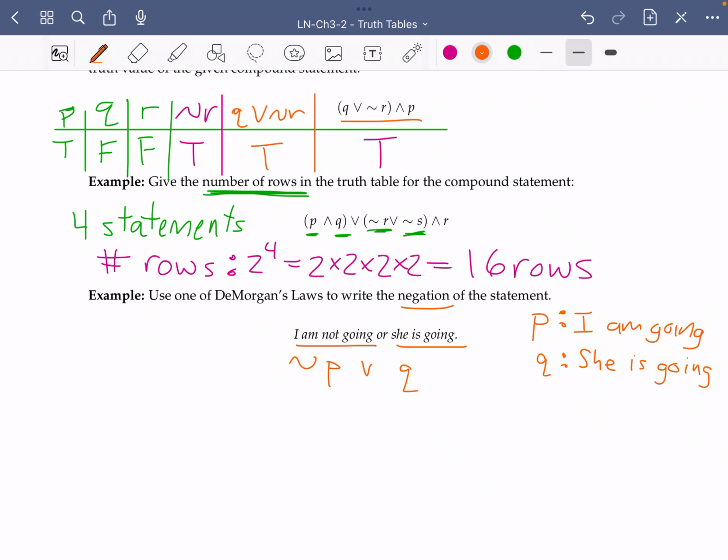So we have not P or Q. We want the negation of that, so we are going to negate that entire statement. De Morgan's laws tell us when we negate that, we're going to take the negation of each piece, but that or will change to an and. When you negate a negation, they just undo each other, so we have P and not Q.